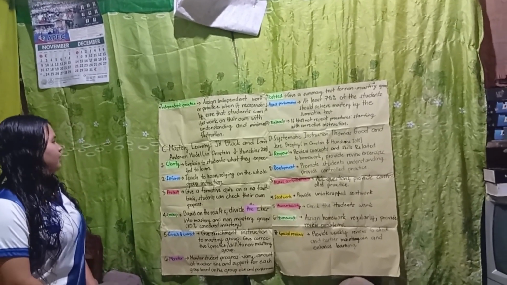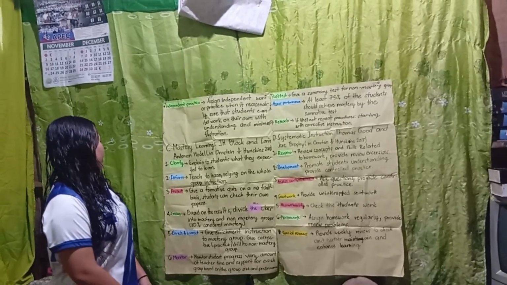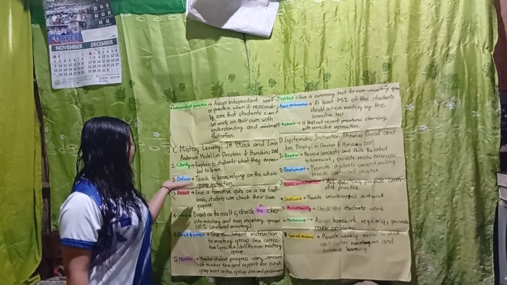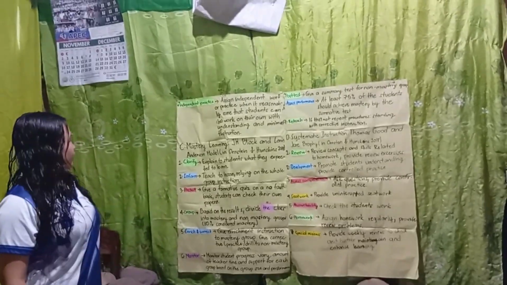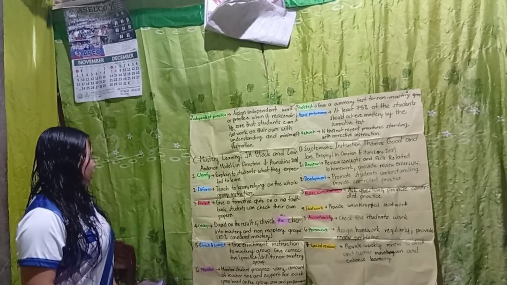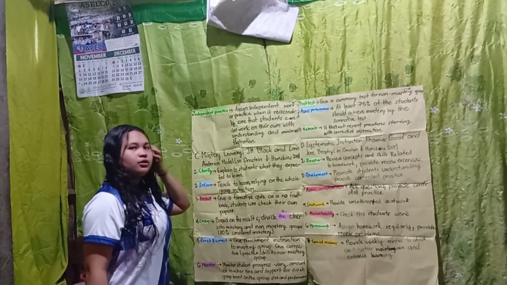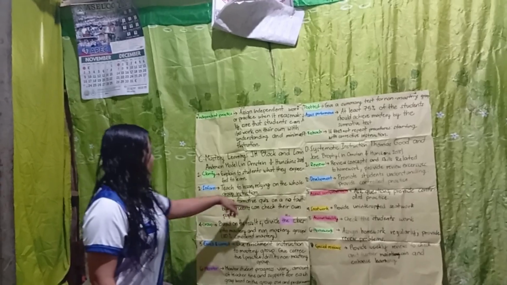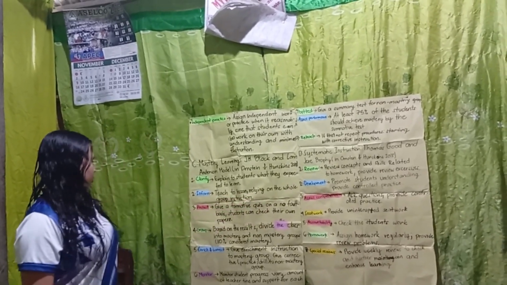The Block and Anderson model, in Arends and Kilcher 2018. Clarify: explain to students what they are expected to learn. Then inform: teach the lesson relying on whole group instruction. We say the teacher presents the lesson material to the entire class through whole group instruction.